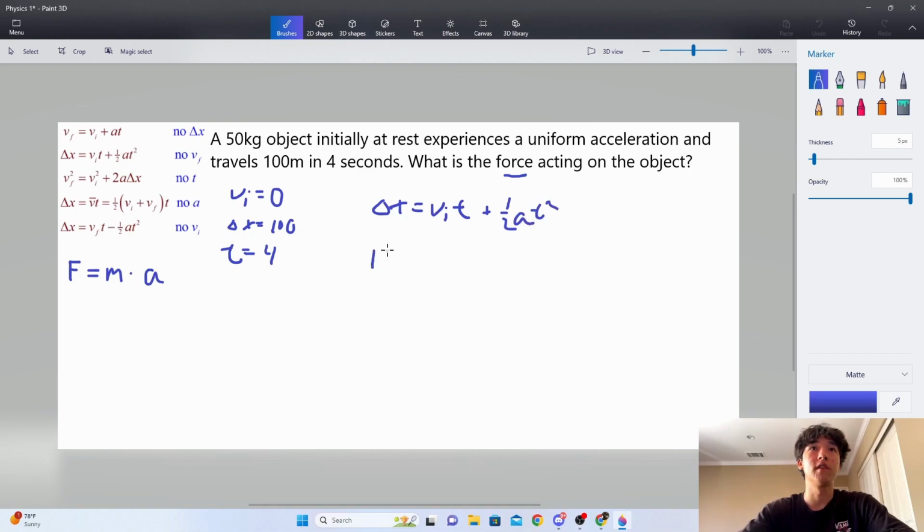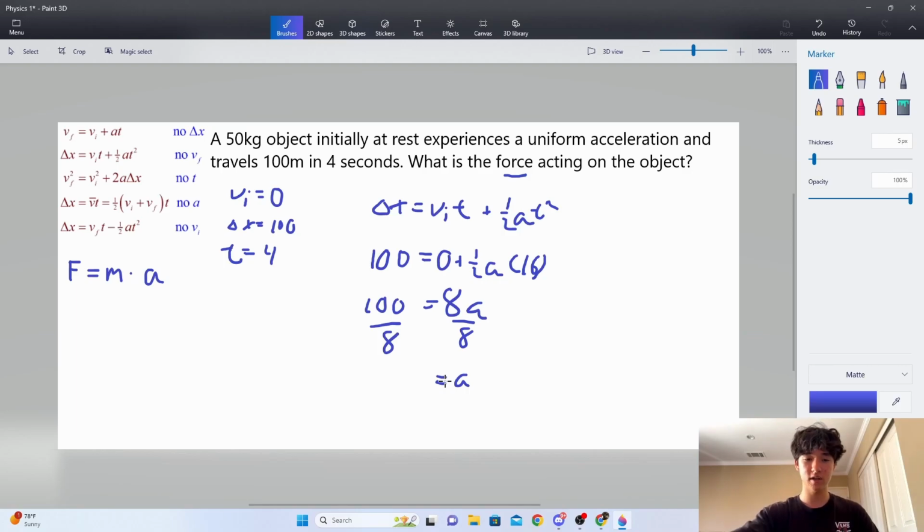So this is going to be 100 is equal to 0 times anything, 0, plus 1/2 a, which we do not know. 4 squared is just 16, and 16 divided by 2 is going to be 8. So it's ultimately 8a is equal to 100. Divided by 8, and our acceleration is going to be equal to 12.5 meters a second squared.